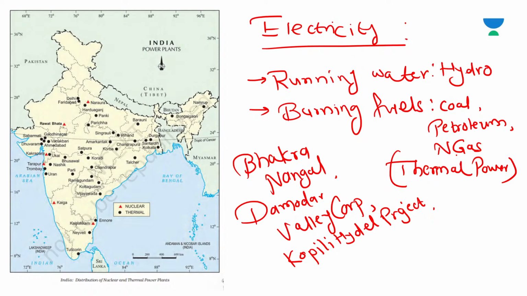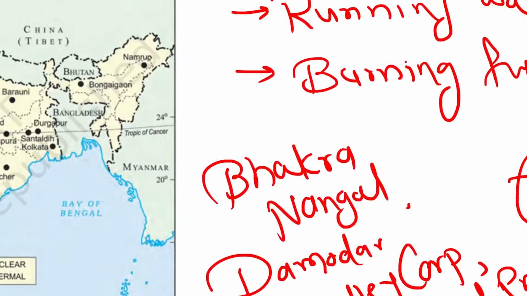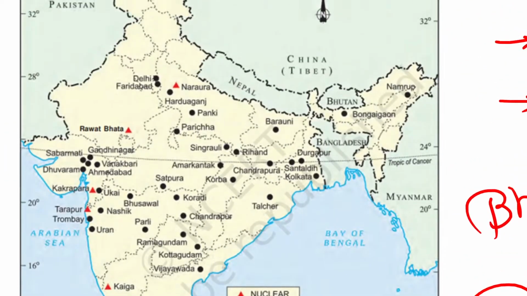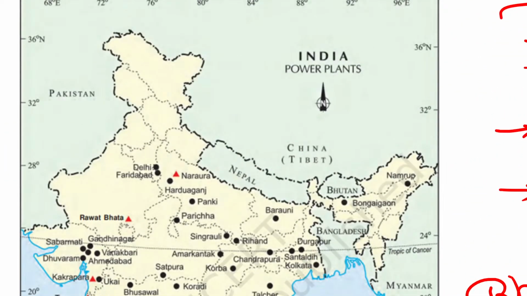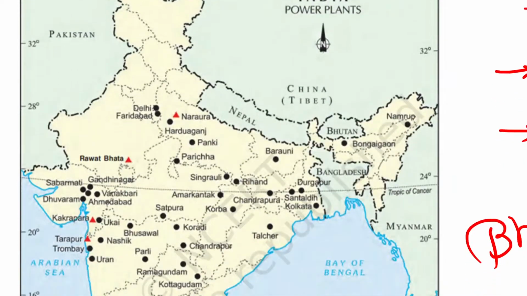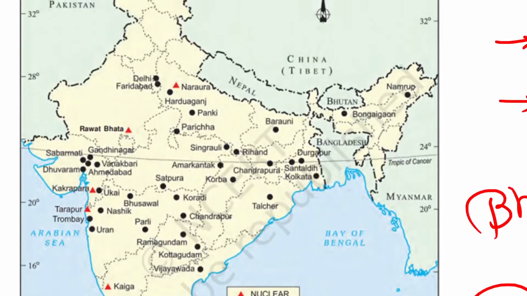Now see the plants given in the map. So nuclear and thermal power plants.